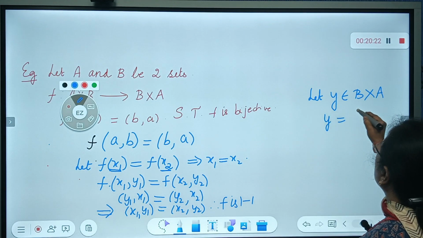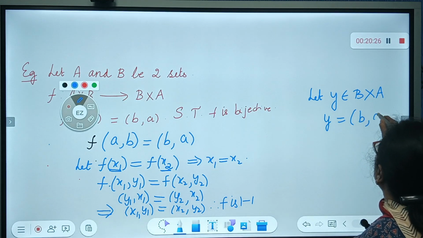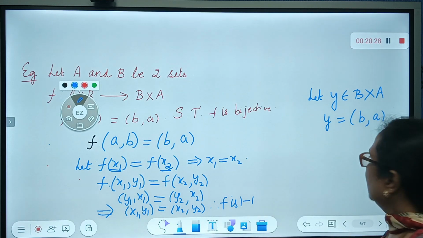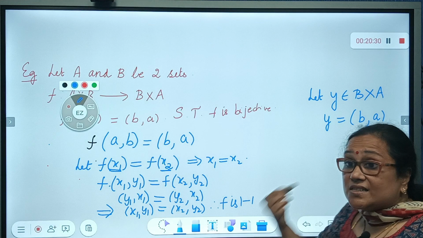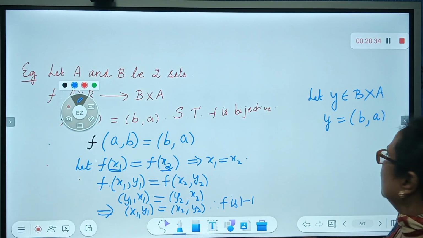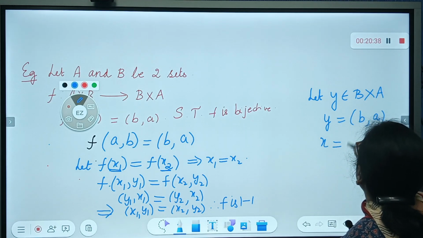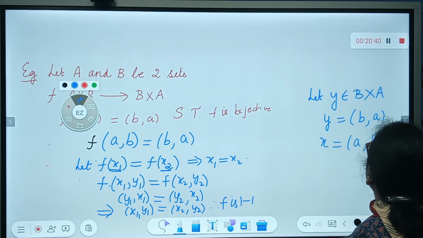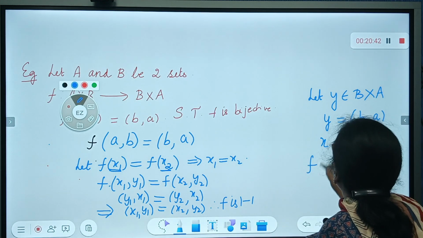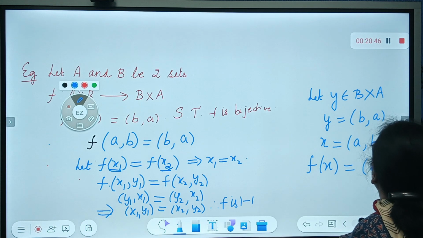Let us suppose y is some (b, a). Then, does there exist x in A cross B such that f of x equals y? So if I give a y, I can give an x. What is that x? x will be (a, b). Now, what will be f of x? (b, a), which is y.